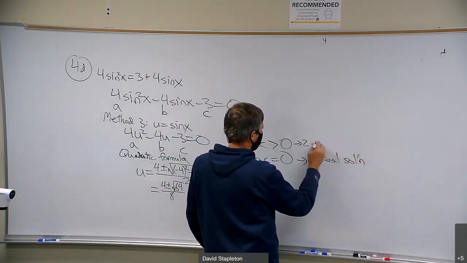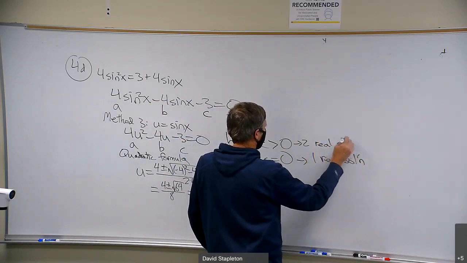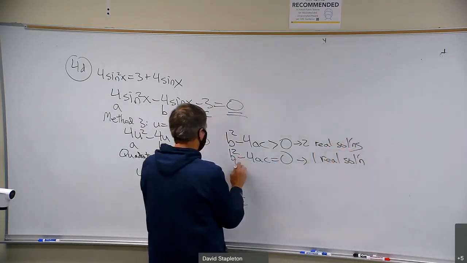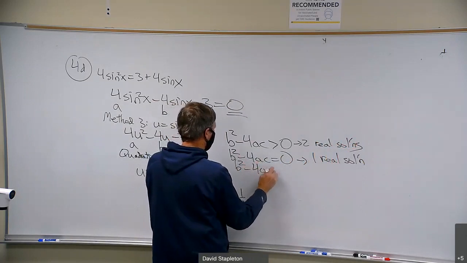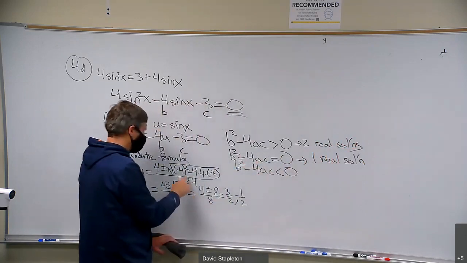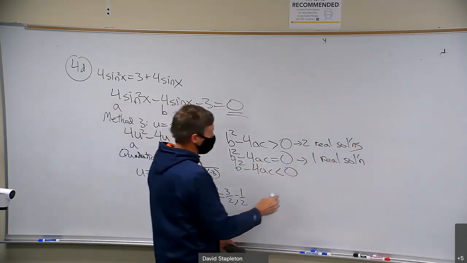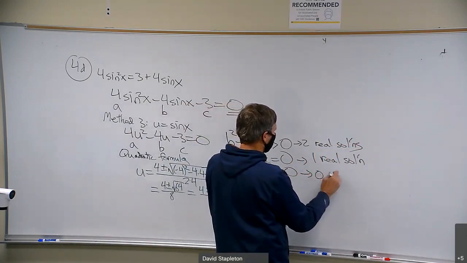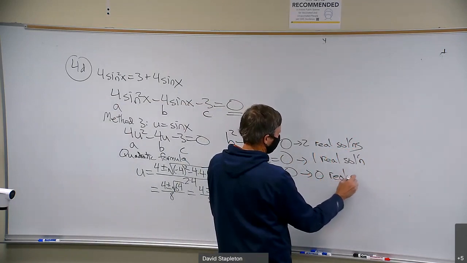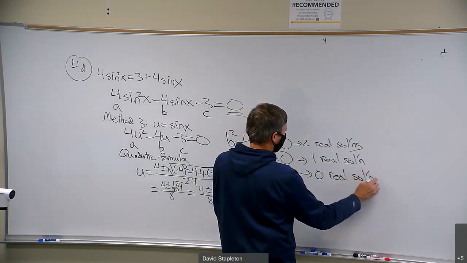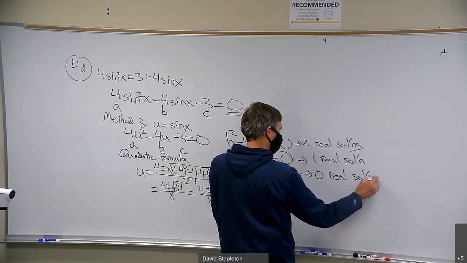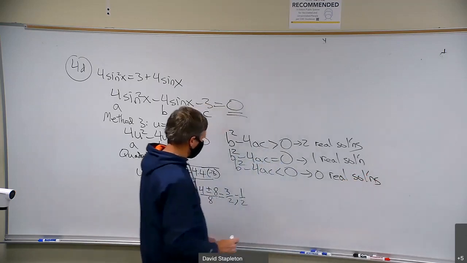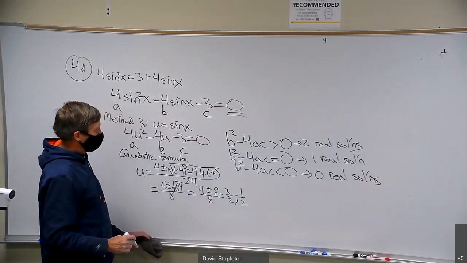But if b squared minus 4ac is negative, the quadratic formula will get a square root of a negative, and you'll find out there's no real solutions. There are actually solutions with imaginary parts, but we're not interested in imaginary solutions, right?